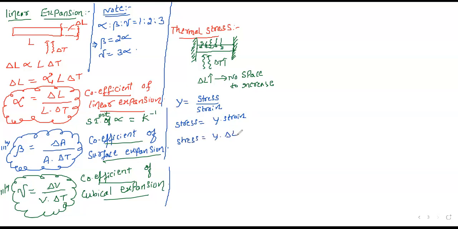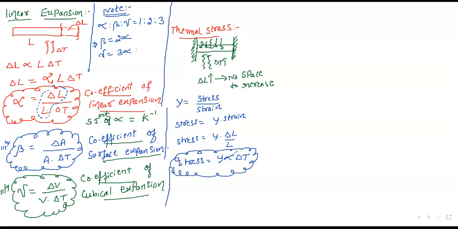Strain is the change in length to the original length. This increase in length is because of the heat energy you have supplied. So here delta L by L can be taken as alpha into delta T. This is what we call the thermal stress.